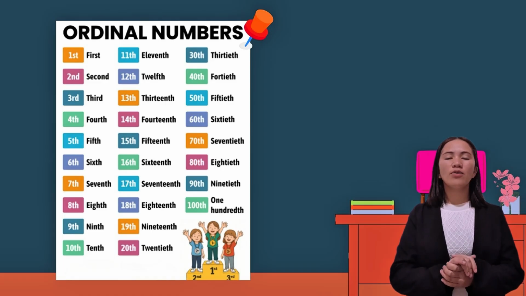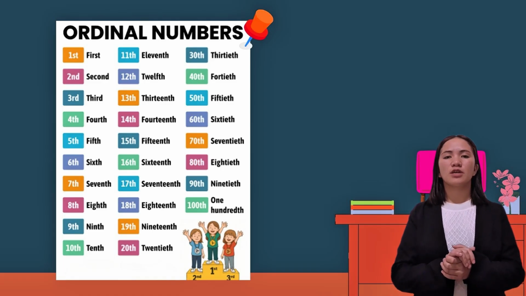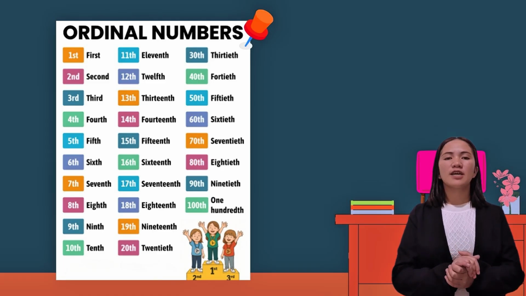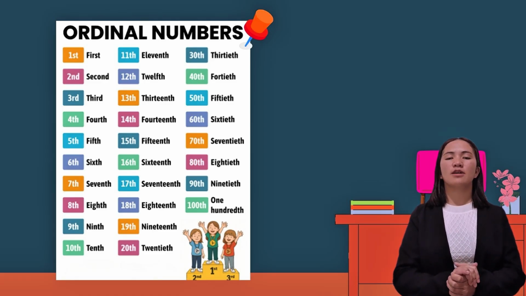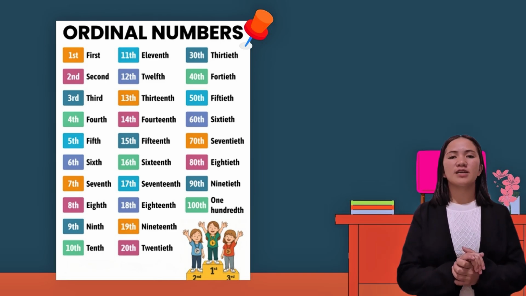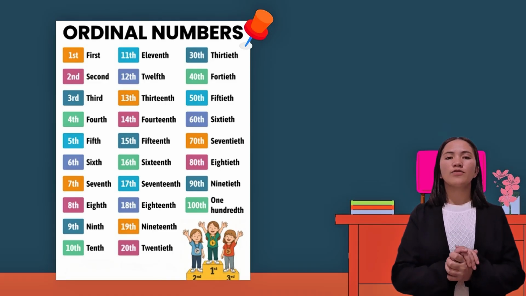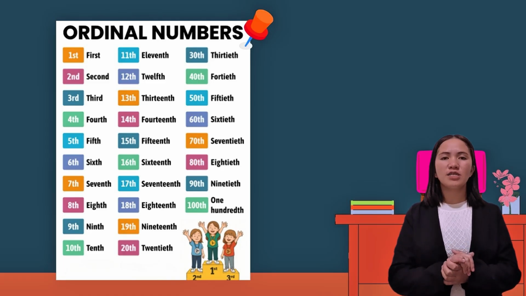And as we go higher, the patterns usually add th, like 13th, 14th, 15th, 16th, 17th, 18th, and so on. And also, some ordinal numbers have special endings like st, nd, and rd. An example of this is the 21st, 22nd, and 23rd.